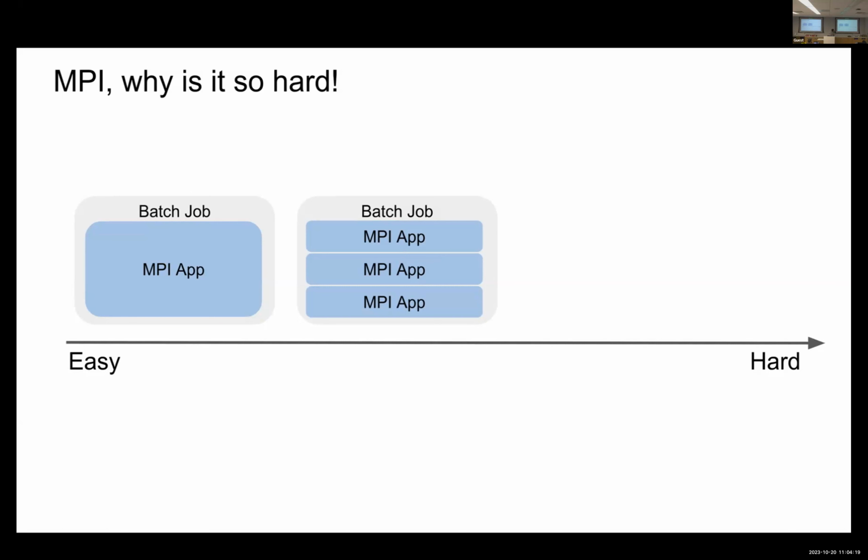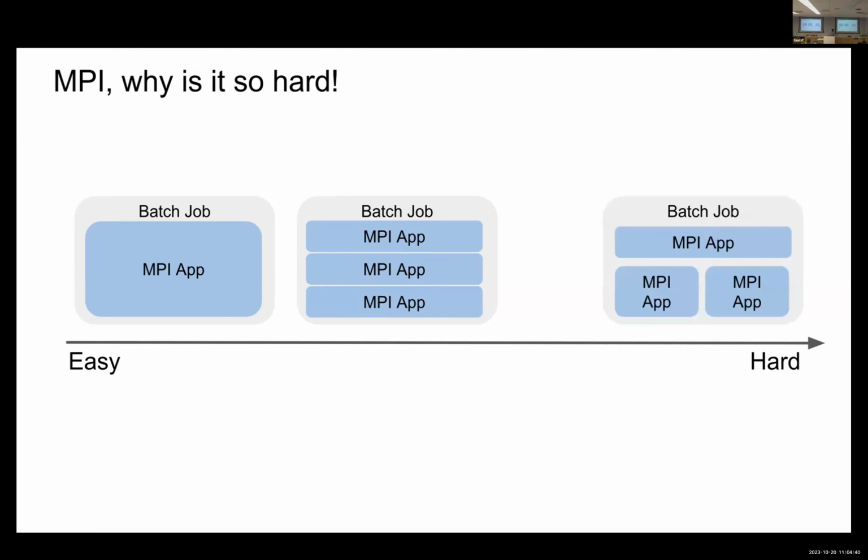And then you run into the other side of it, which is that when you run these MPI applications, some of them finish and the user expects you to backfill. Oh, my 4-node simulation finished quickly and I can run another one there. So you expect that batch job to be kept filled with such MPI applications. So now this is getting even more complex, right? And then we come across this last situation, which is a little bit of a mess.